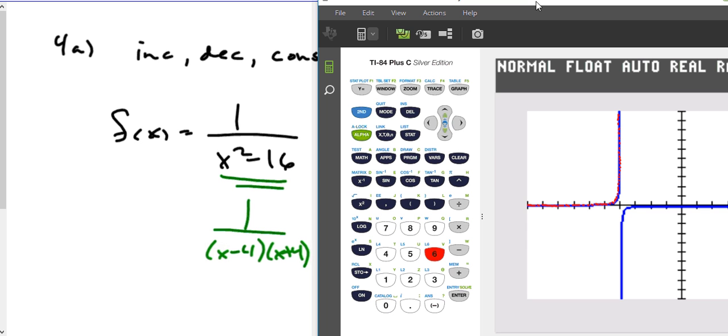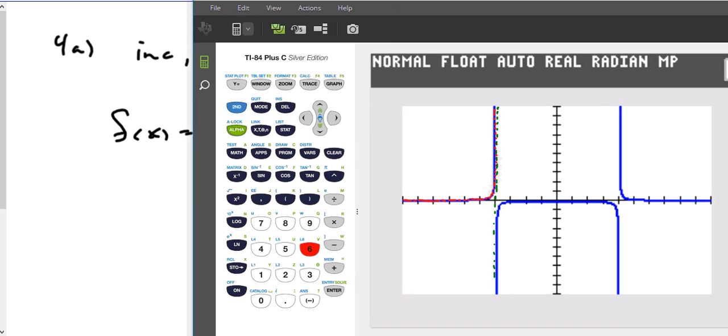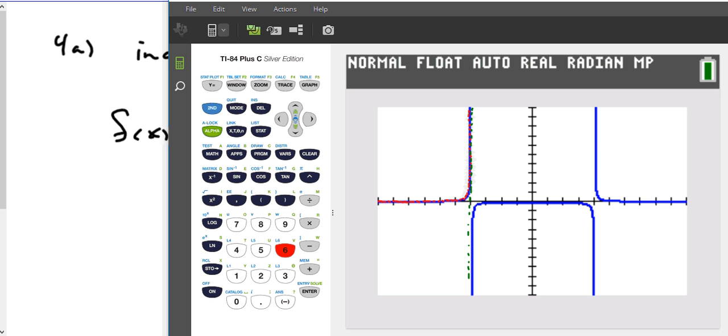That's important to know because those are locations where the domain doesn't exist, so x cannot equal negative 4 or positive 4. They're also the locations of vertical asymptotes. We have a vertical asymptote here at negative 4, and another vertical asymptote at 4 itself.